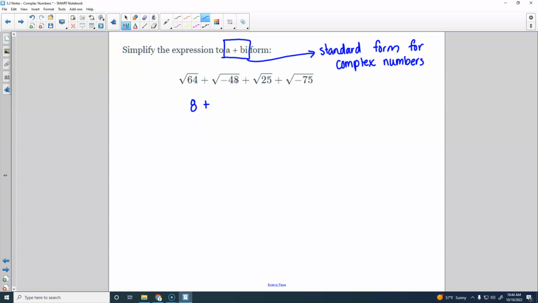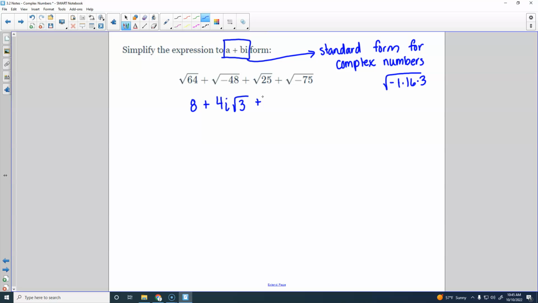Well, we could multiply those together to get 16 and 3, right? So if we're doing negative 1, 16, and 3, we would have square root of 16 is 4. The negative is our i. The 3 stays underneath the root.